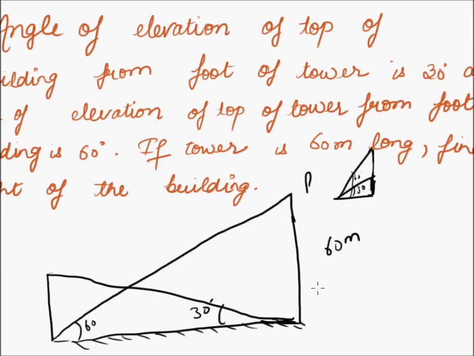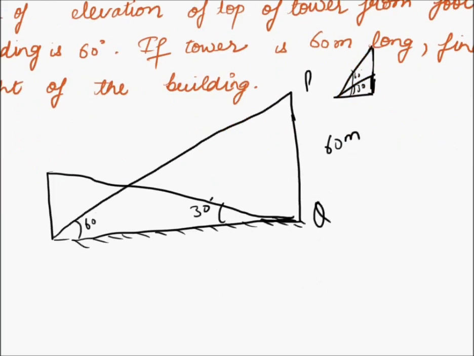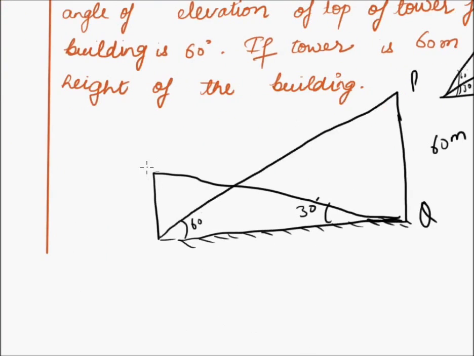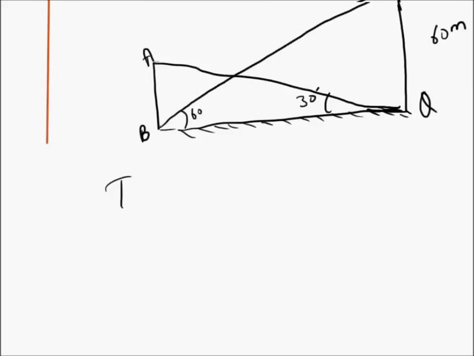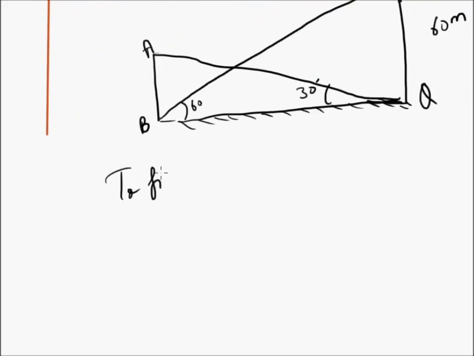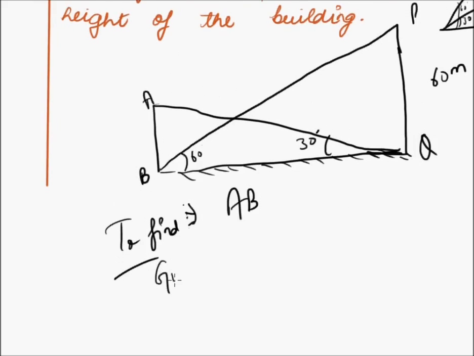Let us denote this tower by PQ and the height of the building by AB. So now we have to find out the height of the building, that is AB, and we are given PQ as 60 meters. So the solution here goes.